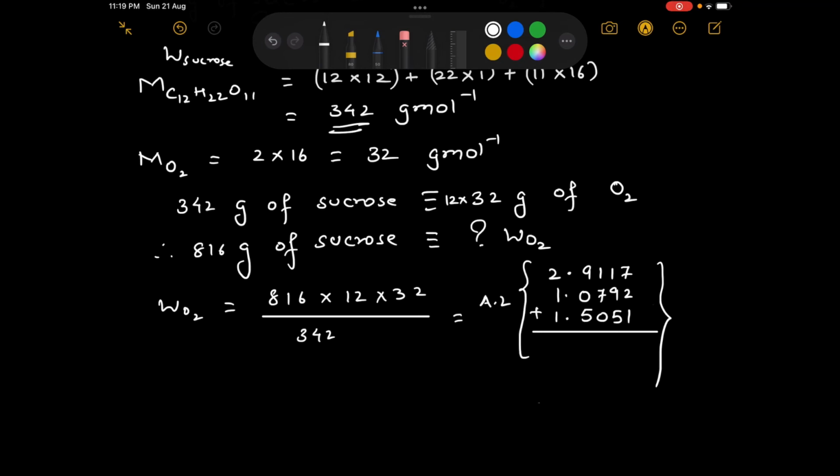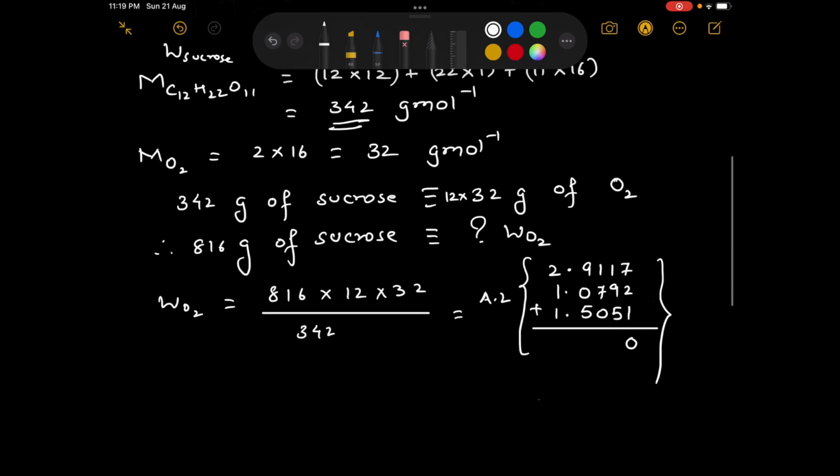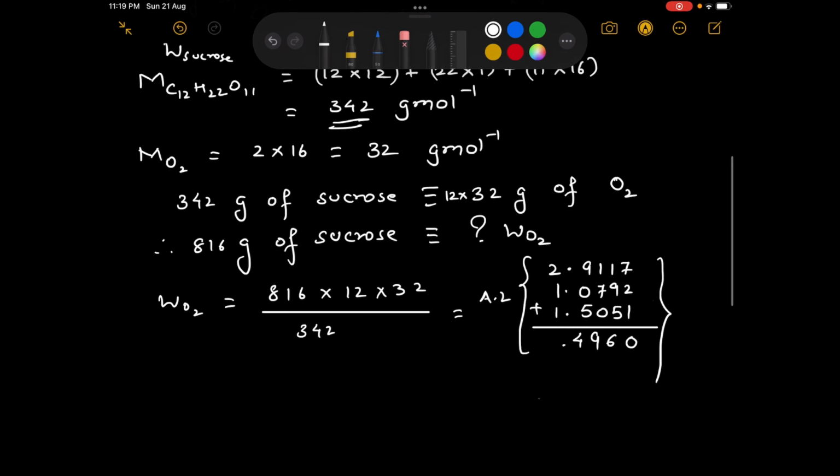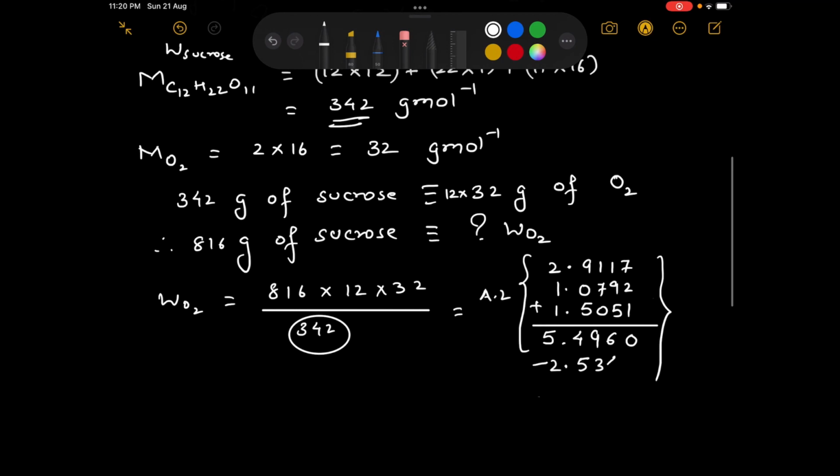Since there is a multiplication sign, we will add these. Here we get 0, 6, 9, 4, and here we get a 5. Now let's subtract 342's log, that is 2.5340. So we get it as 0, 2, 6, 9, and here we'll get a 2.